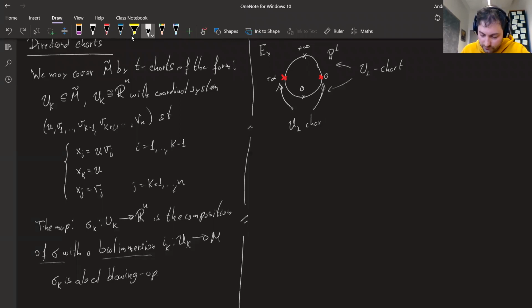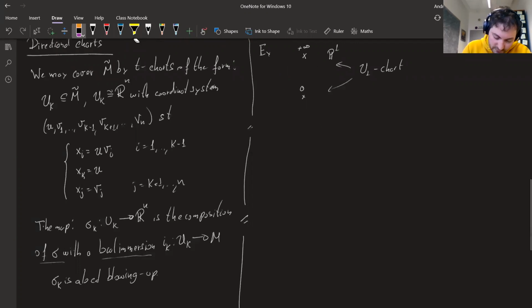I was confused about not being able to change colors, and I wrote something that made no sense. Now this is going to play the role of plus infinity in the U2 chart, and this is going to play the role of 0 in the U2 chart.